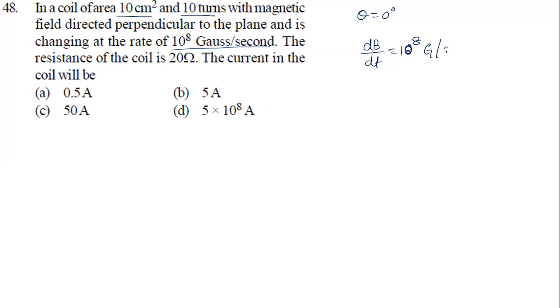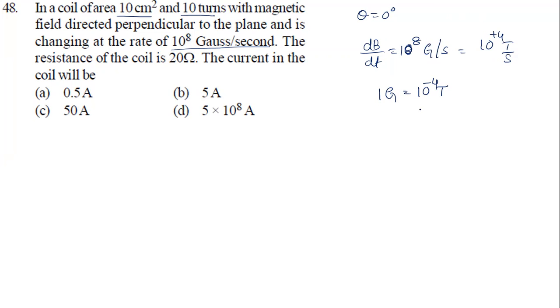One more thing you should know here: 1 Gauss is equal to 10 power minus 4 Tesla. That conversion should be done, so it becomes 10 power plus 4 Tesla per second. That is how the magnetic field is going to change.